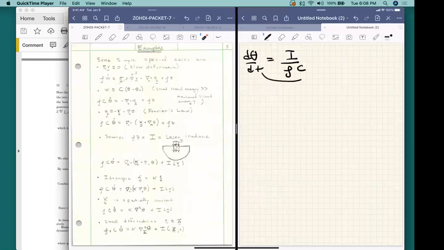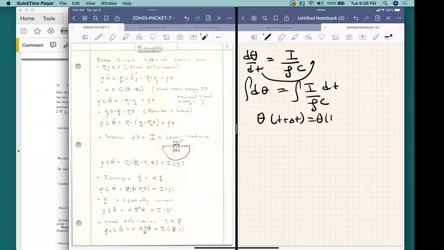I take the dt to the other side and I'm left with d theta is equal to I dt over rho C. I integrate both sides of the equation and I'm left with theta of T plus delta T is equal to theta of T plus delta T over rho C times I as a function of T.